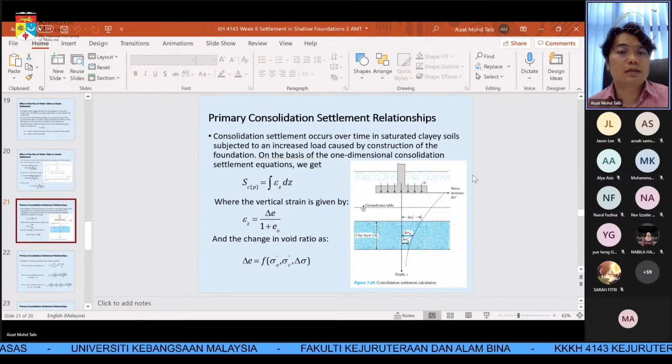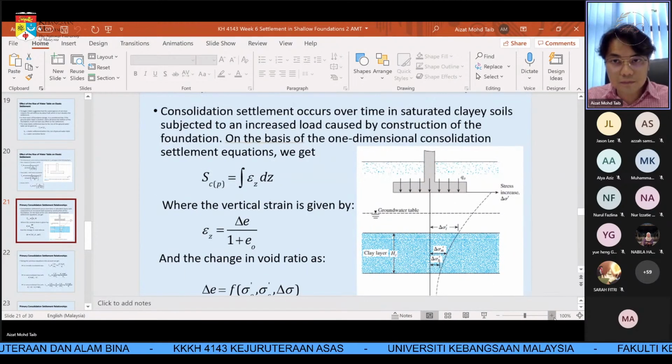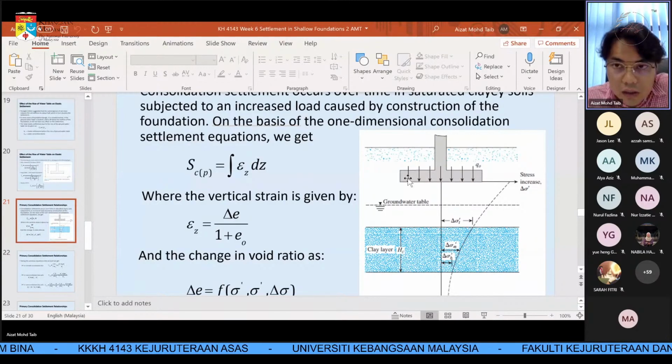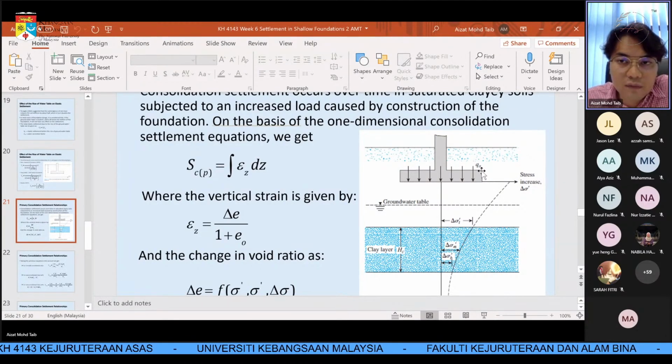we get Sc(p), okay, integration of, apa nama benda ni, strain, okay, at z-axis, okay. So if we look carefully, okay, so ini adalah awak punya footing, okay, so this is q0 where impose load daripada footing.